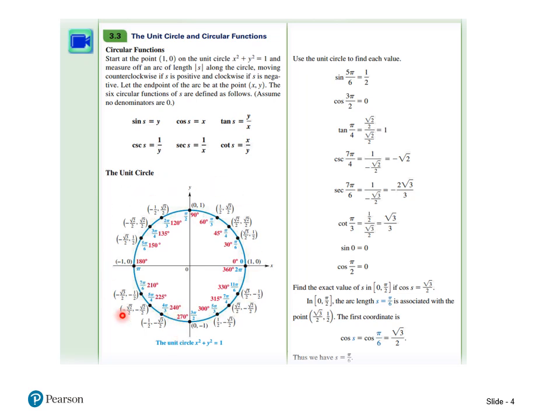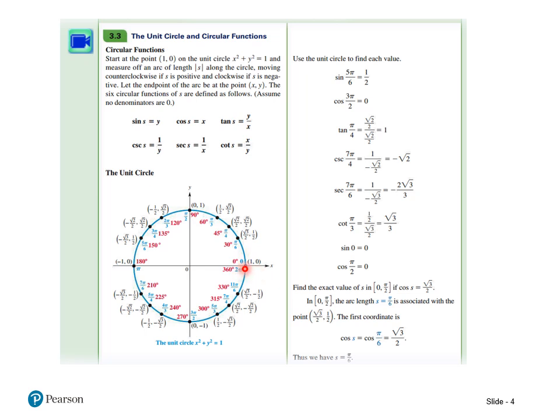So one of the interesting things that happened in the unit circle is that with this unit circle, we could relate the value of sine and cosine directly to the x and y coordinate of the unit circle.